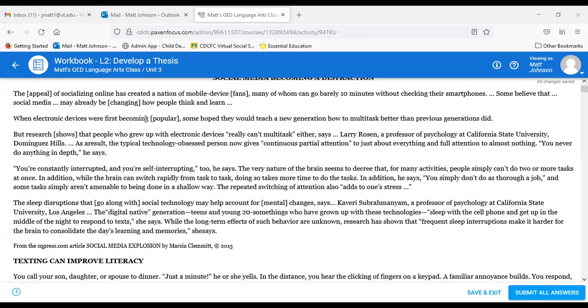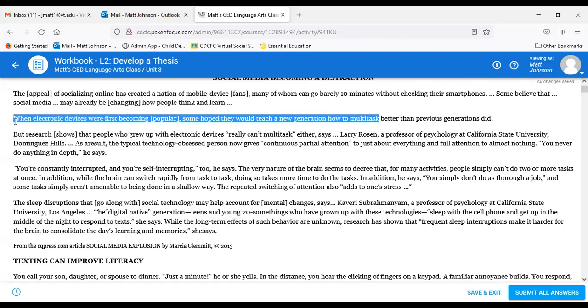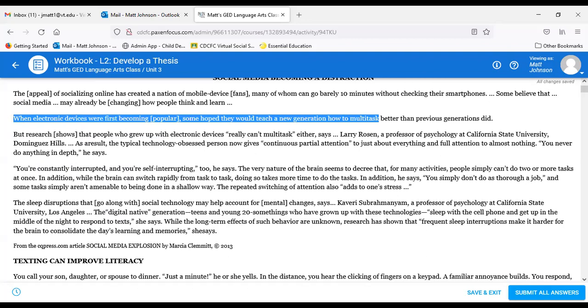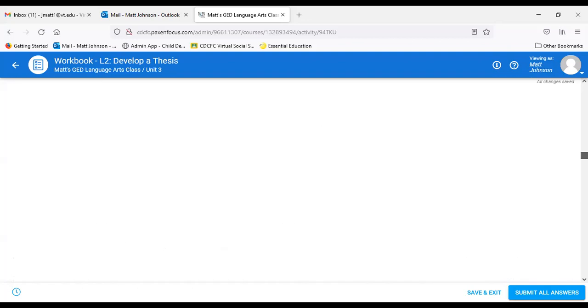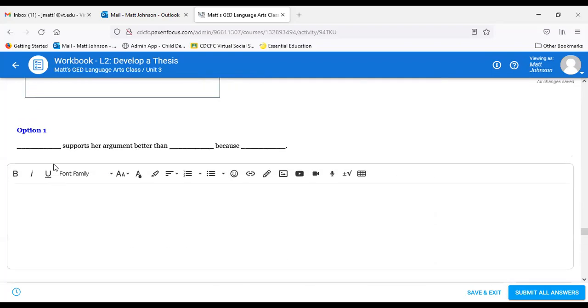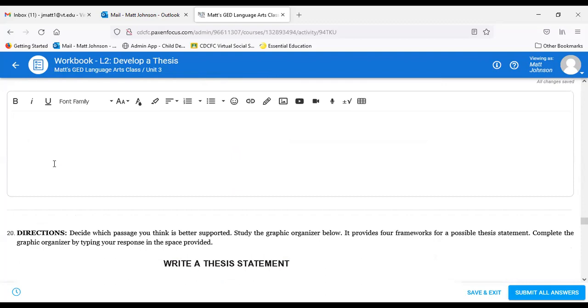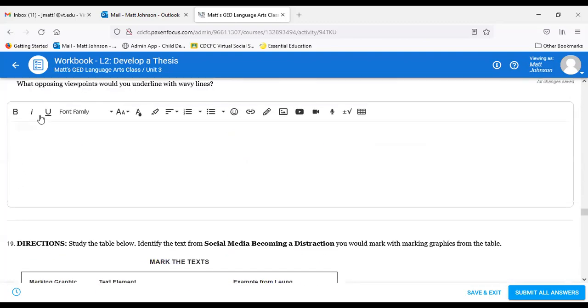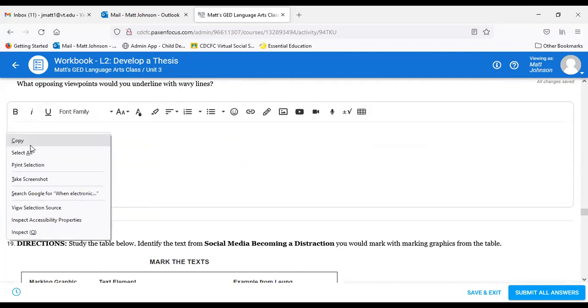When electronic devices were first becoming popular, some hoped they would teach a new generation to multitask. So that would be a counterclaim. We'll drop that into 18.